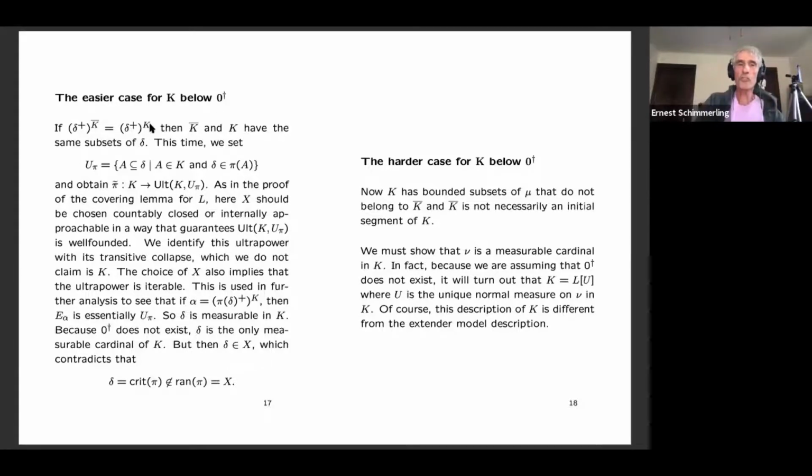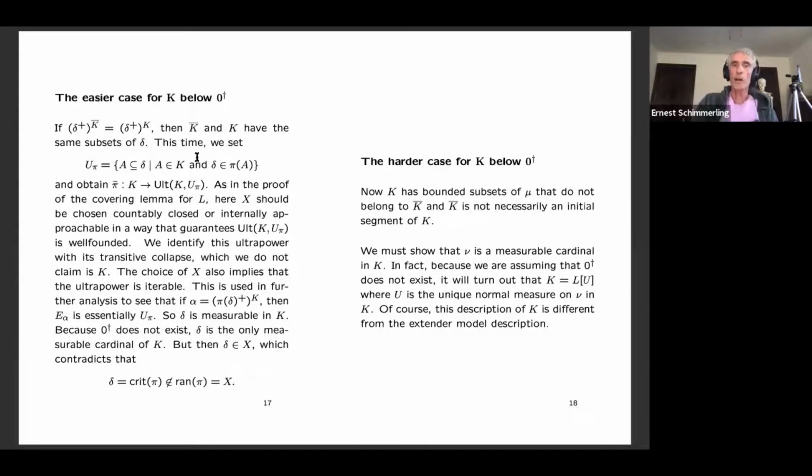This statement that the two models K and K bar compute delta plus correctly is equivalent to these power sets being computed the same way. And that's because of the way GCH holds in K, or in any extender model.